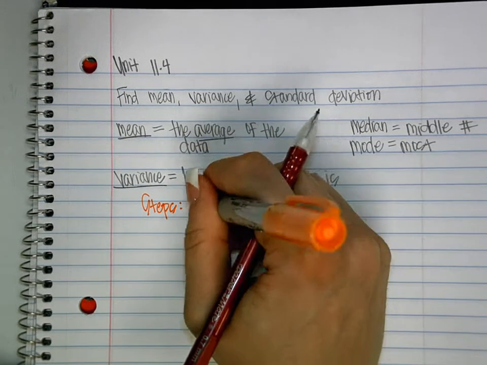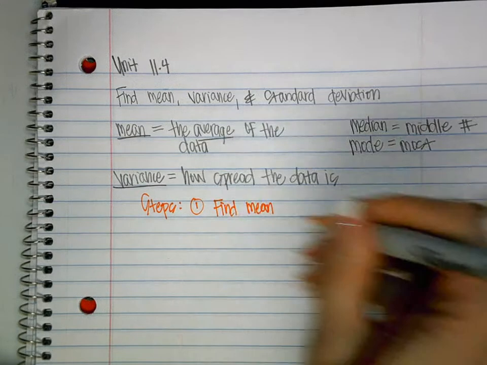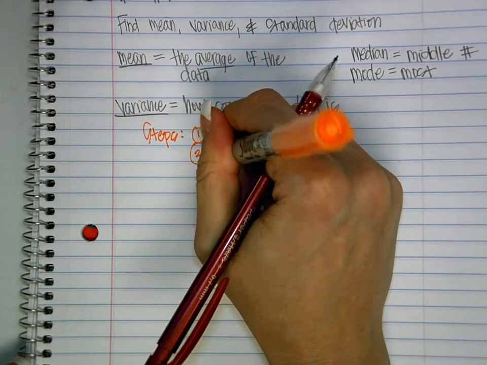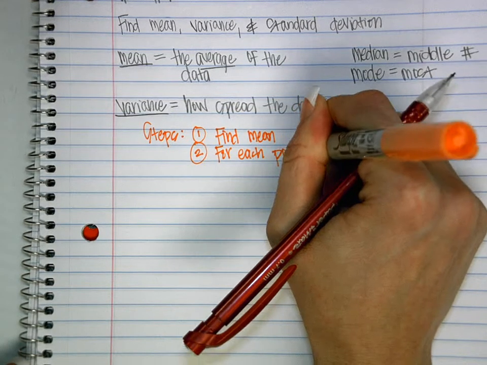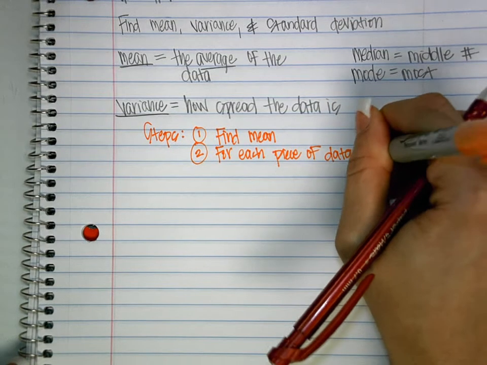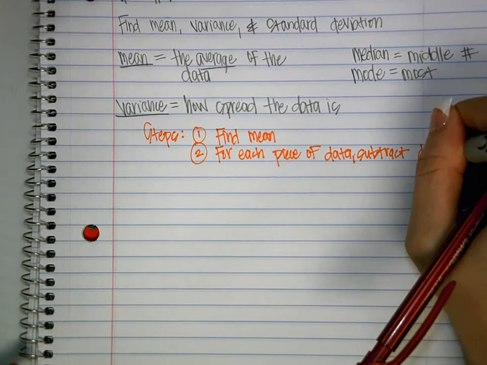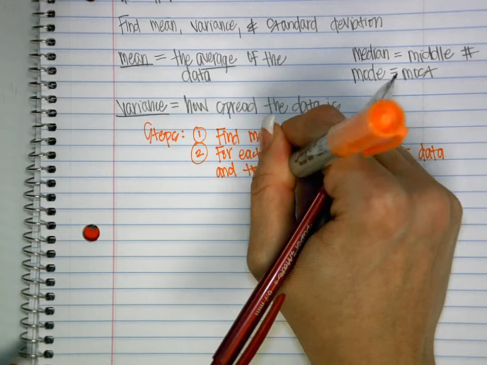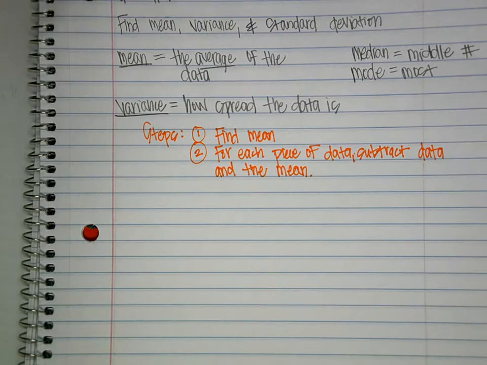Step 1 is to find the mean, and remember, the mean is the average. Step 2 is, for each piece of data, subtract the mean from the data.